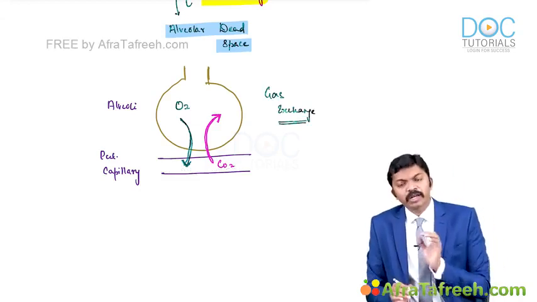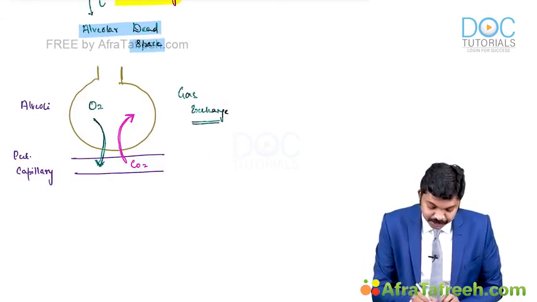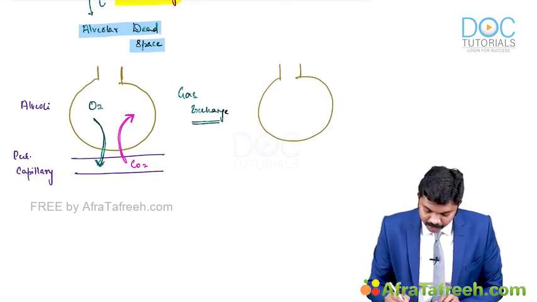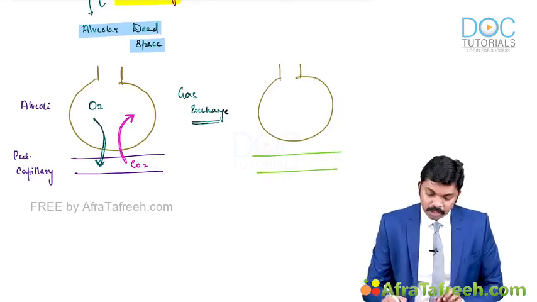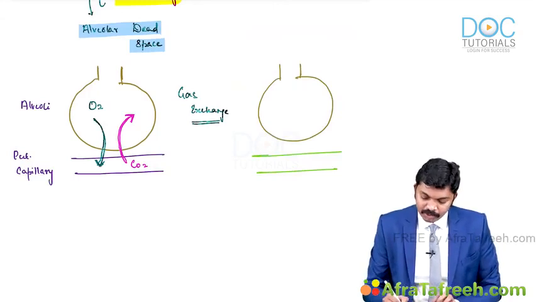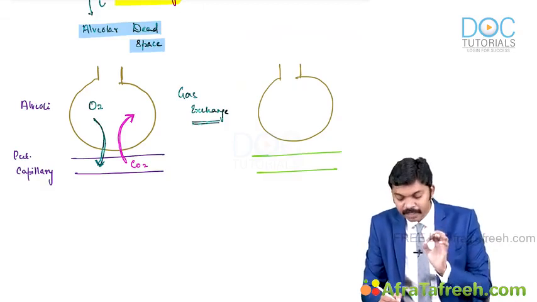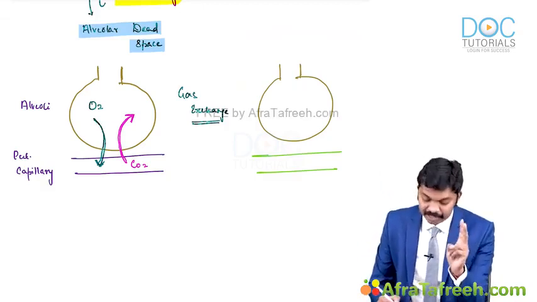Now, when you call something alveolar dead space, doctors, please understand this. Let me take up an alveolus, and this alveolus has a capillary perfusion here. When an alveolus is not going to be involved in gas exchange, be very clear in this concept. I will give you two examples, my dear friends.